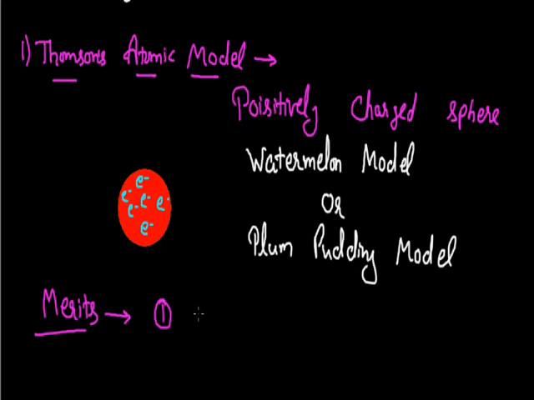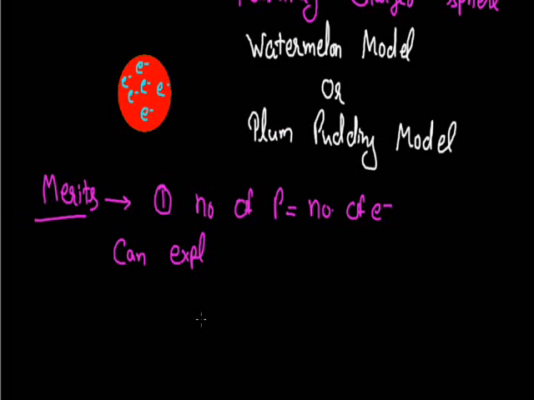But Thomson said that in this atom, the number of protons, or the total positive charge, is equal to the number of electrons, or the total negative charge. And if the total positive charge equals the total negative charge, then it can explain the electrical neutrality of an atom.